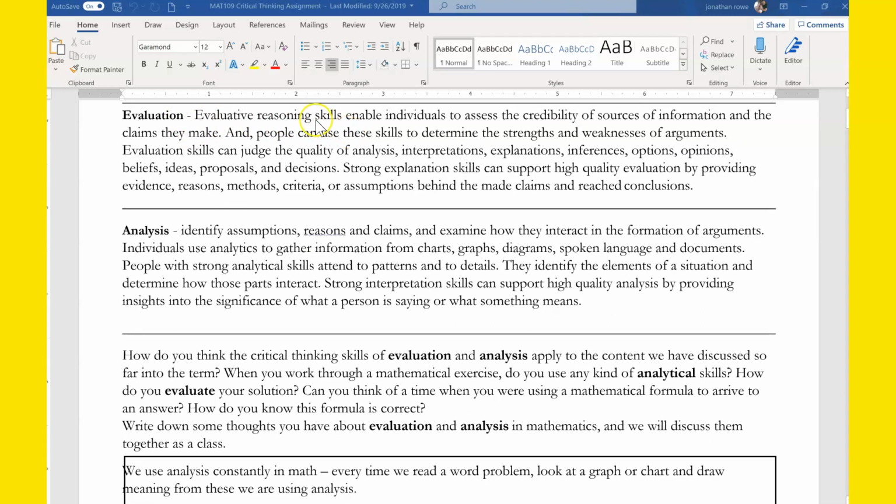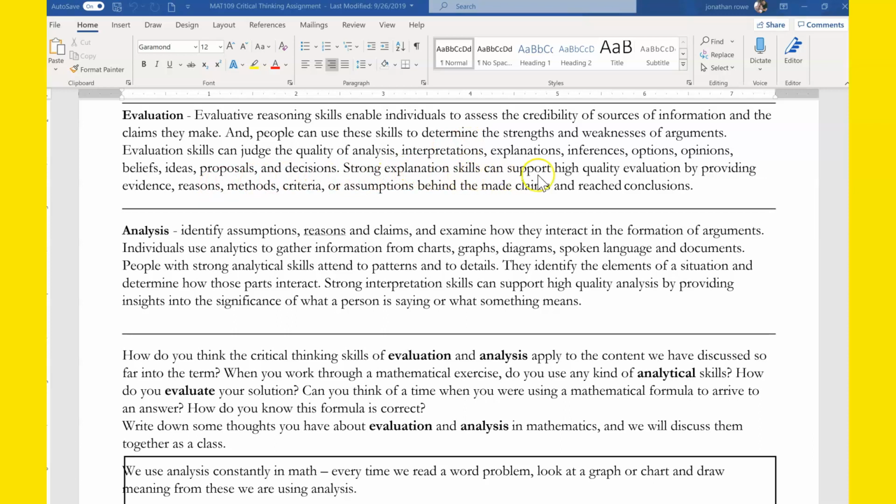Evaluation. Evaluative reasoning skills enable individuals to assess the credibility of sources of information and the claims they make. And people can use these skills to determine the strengths and weaknesses of arguments. Evaluation skills can judge the quality of analysis, interpretations, explanations, inferences, options, opinions, beliefs, ideas, proposals, and decisions.